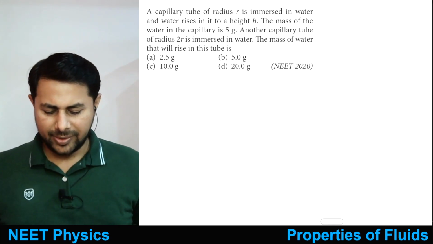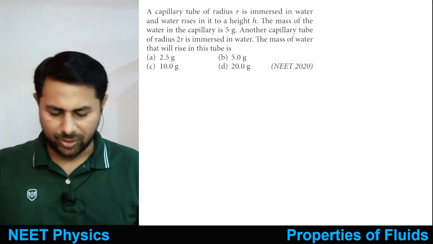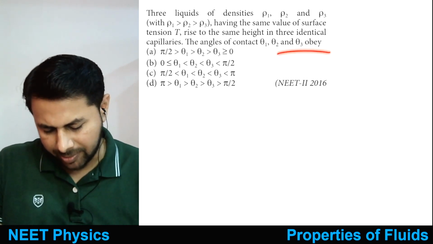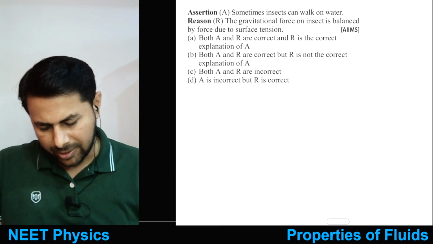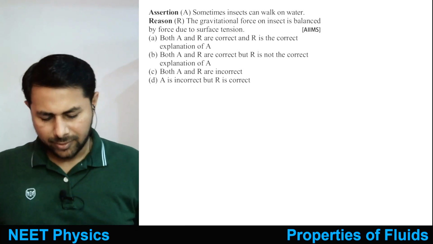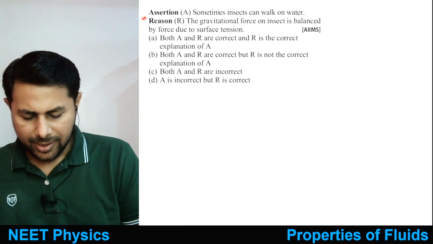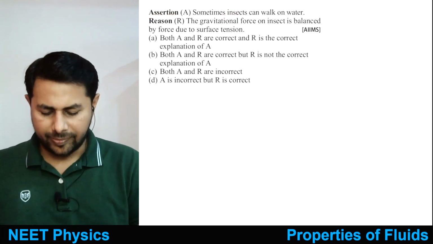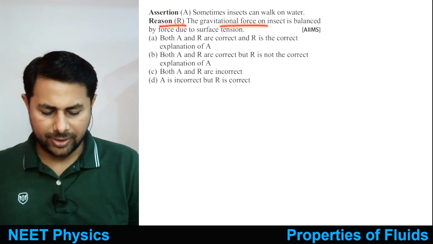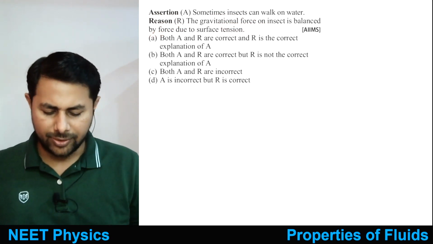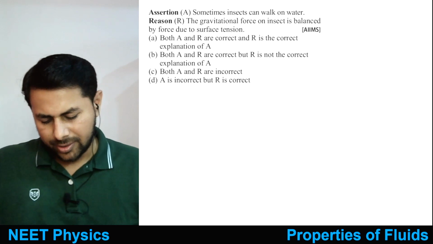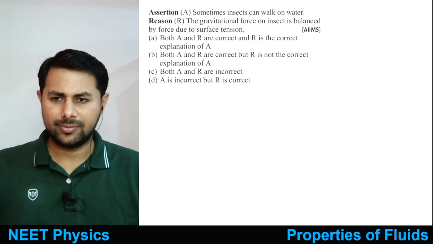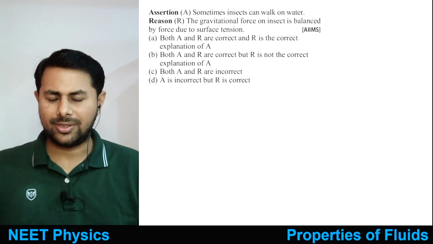Let's see the next one. Capillary tube. First of all we need to understand the capillary rise. This is based on capillary. Let's see this one. Assertion: sometimes insects can walk on water. Reason: the gravitational force on the insect is balanced by force due to surface tension. Is it correct? We saw this at the beginning.